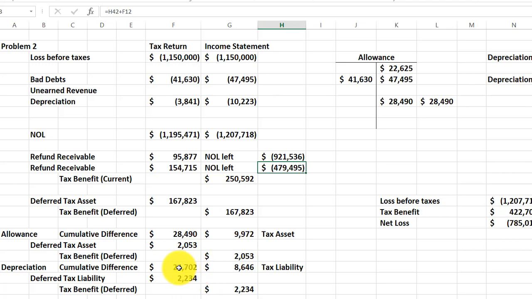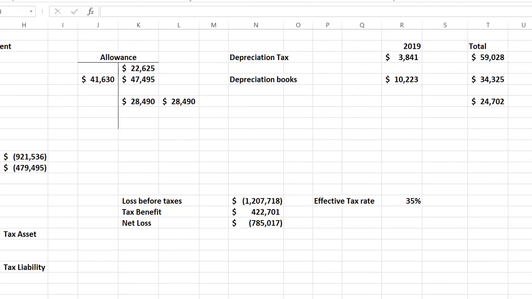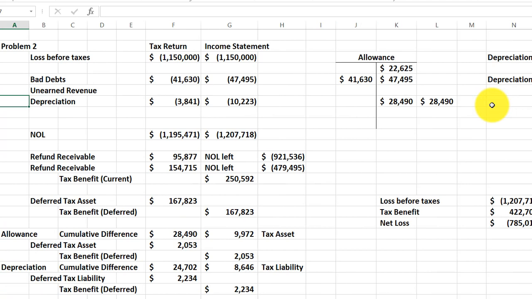Depreciation, our cumulative difference, and I showed you that over here on our little schedule. 24,703 is the cumulative difference in depreciation, and then that tax liability is 8646. Debit the tax liability and credit tax benefit, or tax expense, whatever you want to call it.